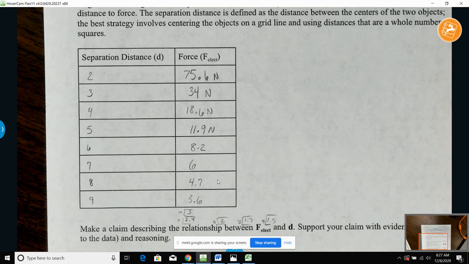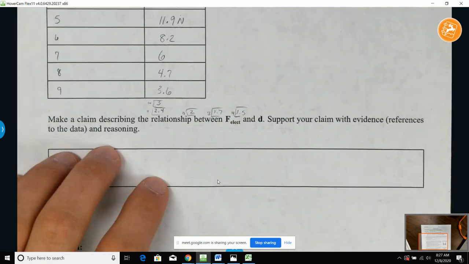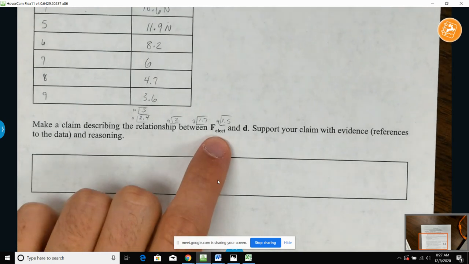So what kind of relationship do you think was going on here? What kind of relationship would you guys think is going on here? Make a claim describing the relationship between the force and the distance.